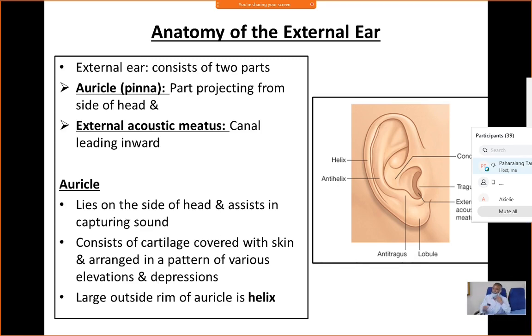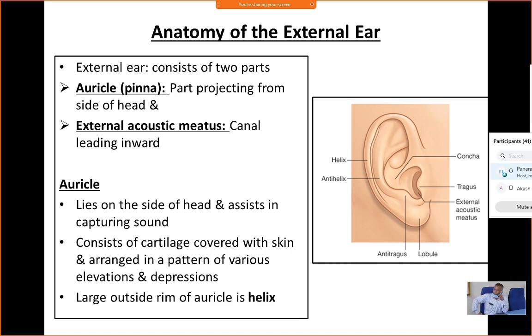Then the sound is transmitted through the external acoustic meatus, or external auditory meatus, which ultimately ends at the tympanic membrane. From the tympanic membrane, the sound wave is transformed into a mechanical wave, and this mechanical wave is transmitted to the internal ear by means of the ear ossicles, or bones of the middle ear.